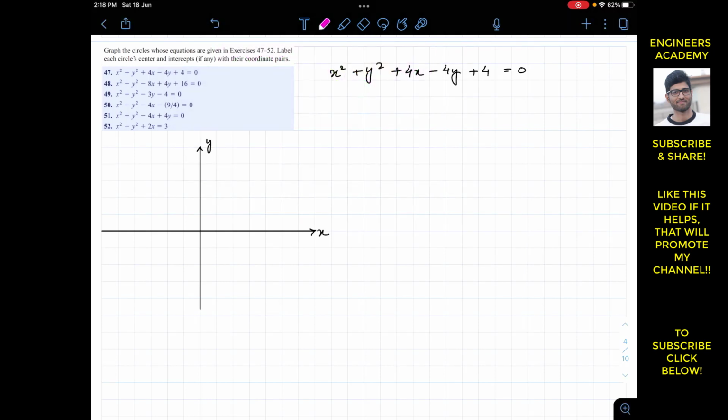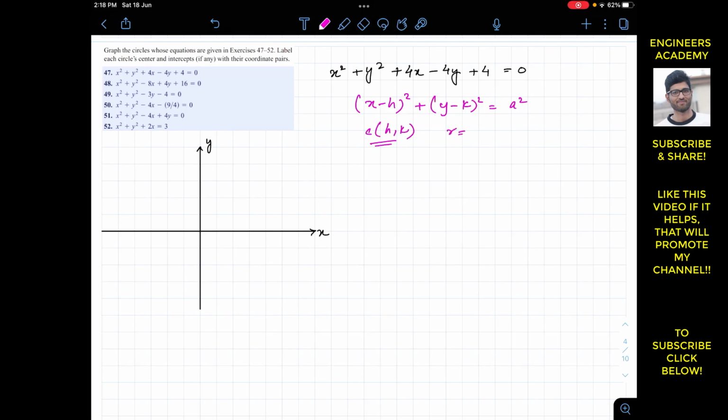As we discussed in the previous video, the standard form of the circle equation is (x minus h) square plus (y minus k) square equals a square, where a is the radius and the center of the circle is (h, k). H and k are the coordinates of the center for a given circle.